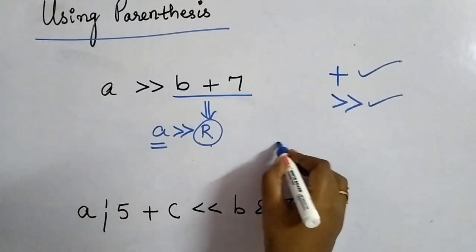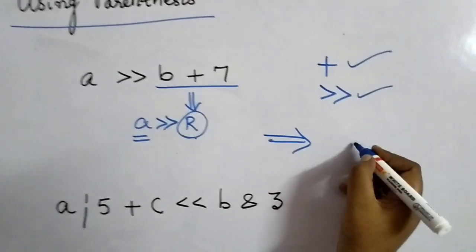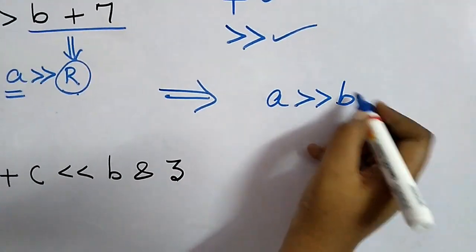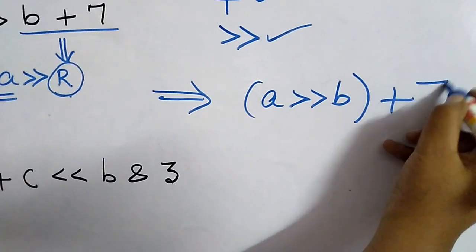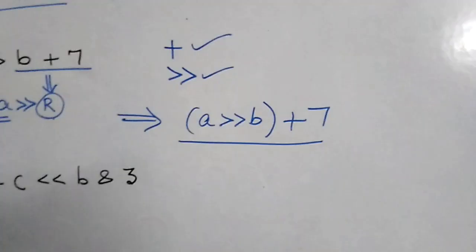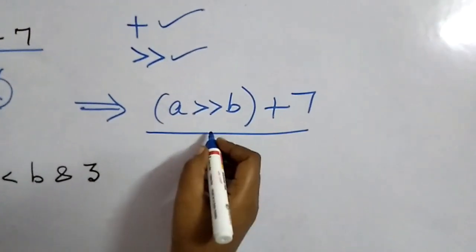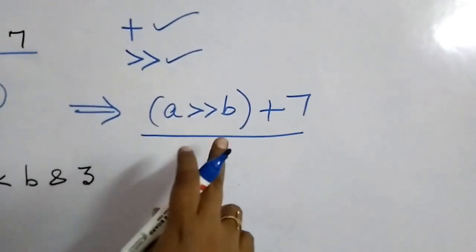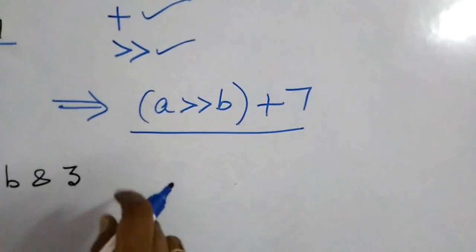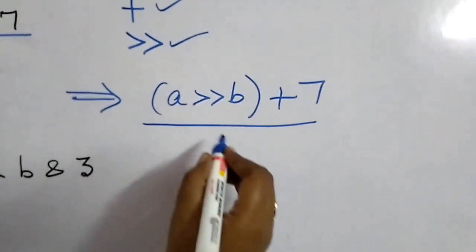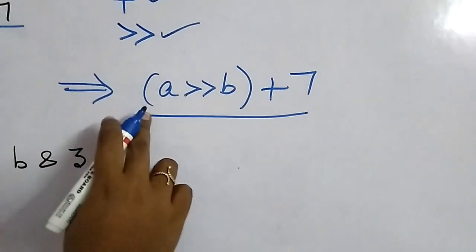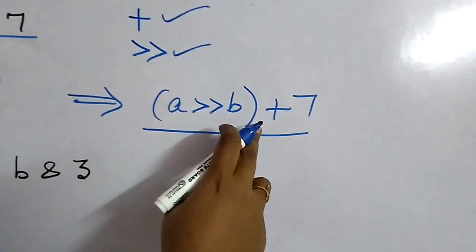I can rewrite this using parentheses: shift a by number b, and then add it to number 7. So I have changed the order of operator evaluation based on my requirement, forcing the expression to give the output I wanted. That's what I am doing with parentheses here.